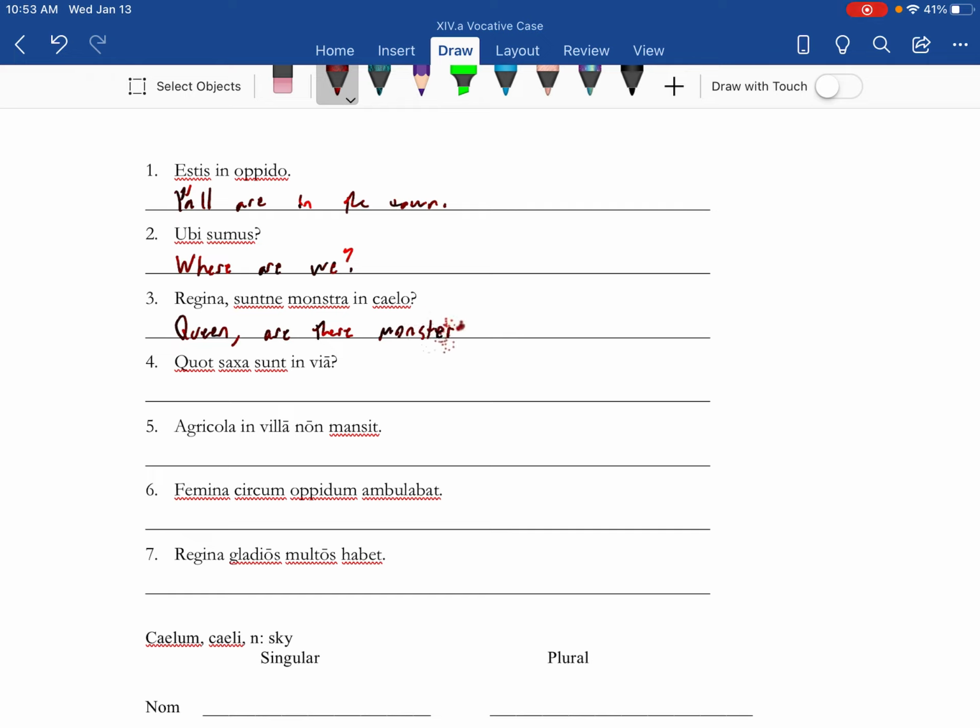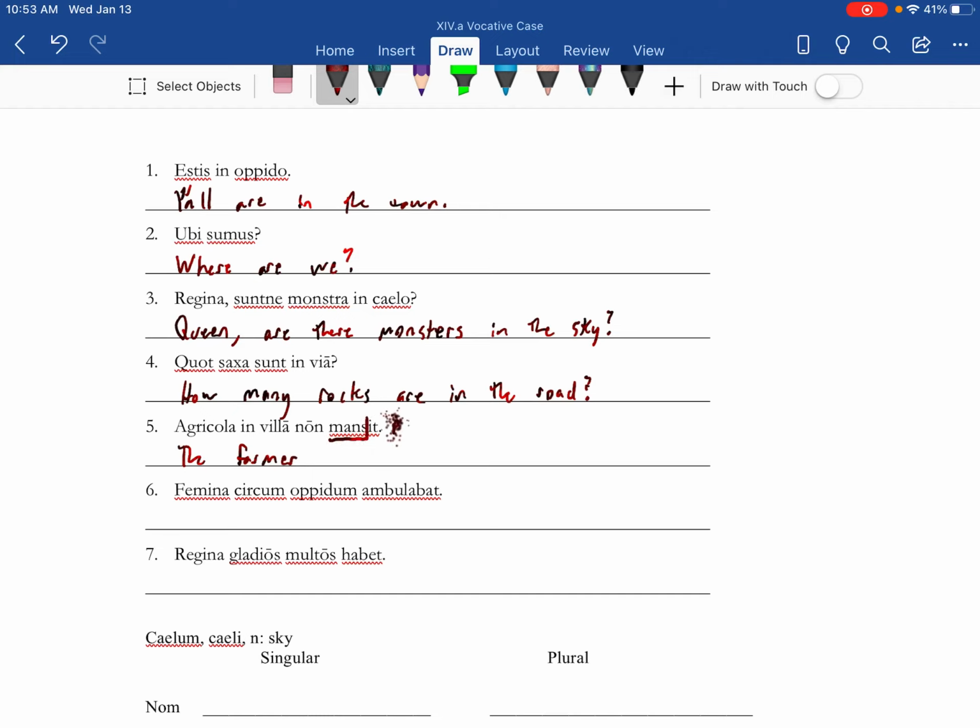Are there monsters in the sky? How many rocks? Agricola, the farmer.